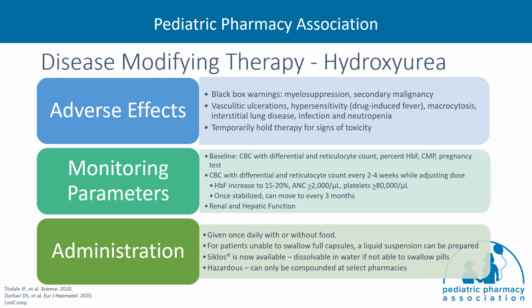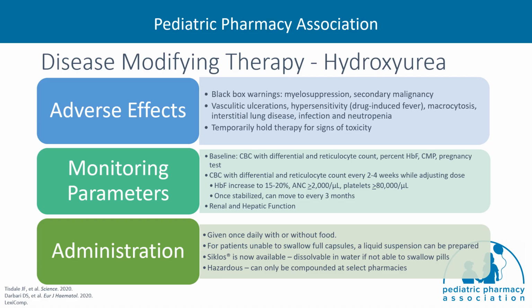From a monitoring standpoint, at baseline, patients should have a CBC with differential as well as reticulocyte count. We should be monitoring the percent of fetal hemoglobin patients have, a CMP, and then pregnancy testing is important. The CBC with diff and retic count should be done every 2 to 4 weeks while adjusting doses for patients.